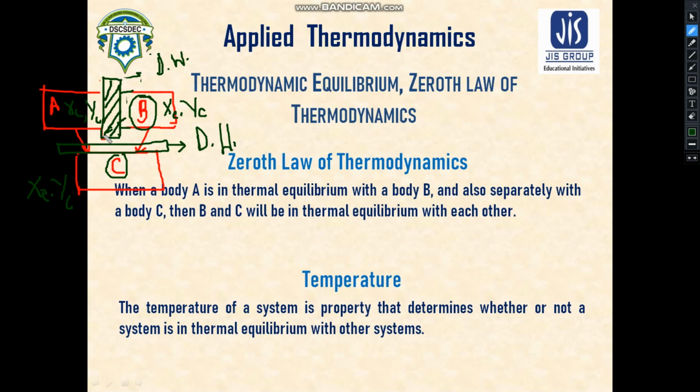Now you place a third system with a diathermic wall which allows heat and other energy transfers so that the individual systems A and B can reach equilibrium conditions with system C. So we are talking about thermal equilibrium here. Okay. So you know the conditions of thermal equilibrium.